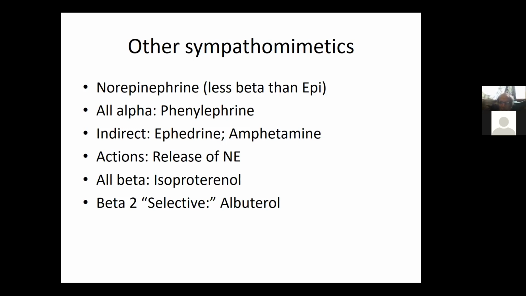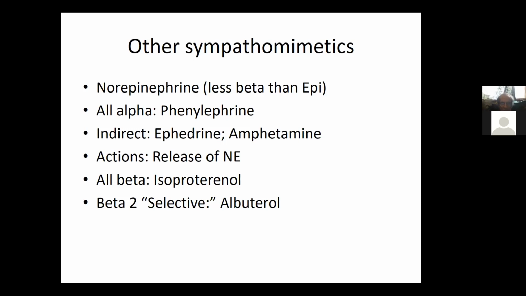There's some challenges with terminology here. It's a specific sort of substance in the sense that it well differentiates between alpha and beta. It's non-specific in the sense that it doesn't differentiate between beta subtypes well. So in other words, isoproterenol activates beta 1, beta 2, and beta 3 receptors, all with pretty substantial efficacy.